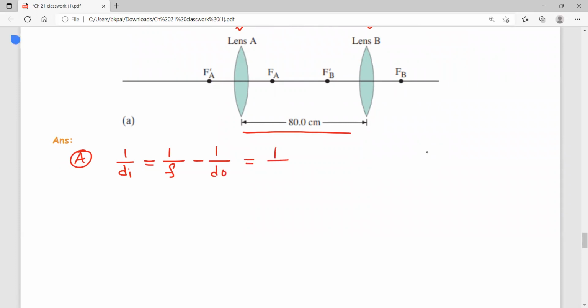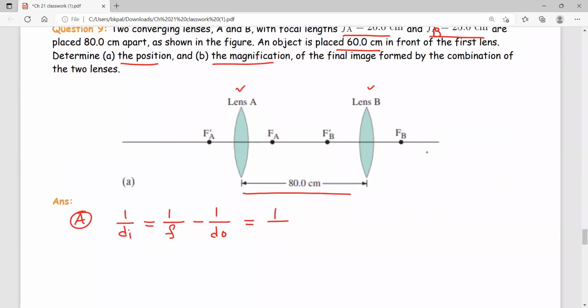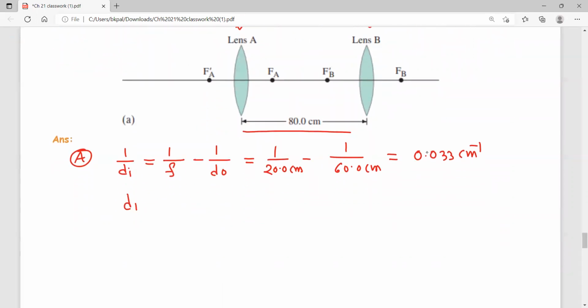For the first lens, the focal length is 20 centimeter and do is 60 centimeter. Do is normally positive, so I'm just using the positive sign. If you do this math, you should get 0.033 centimeter inverse, and then di is 1 over 0.033 centimeter inverse, which is equal to 30 centimeter.